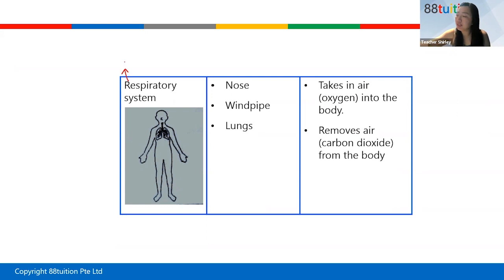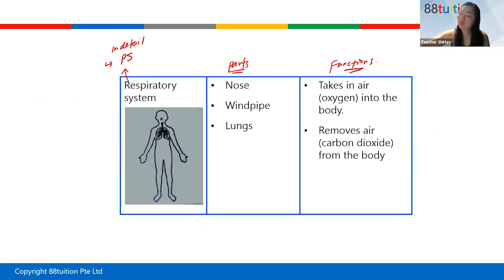The respiratory system, you will learn in detail in P5. Next year, when you're in P5, you're going to learn a bit more about it, but at P4 it is really just to introduce you to that. So similarly, you are expected to know the parts and the functions.